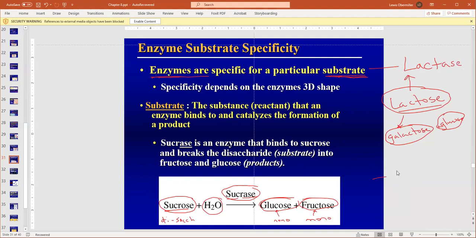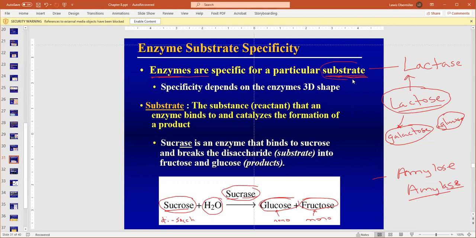And remember we talked about a sugar called amylose. What do you think the enzyme that breaks that down is called? Amylase. Awesome. So generally the enzymes describe the molecule they're working on.